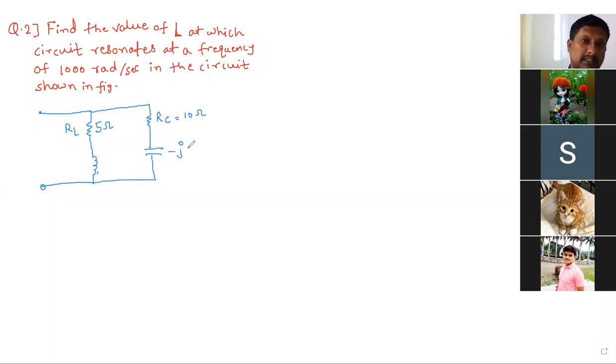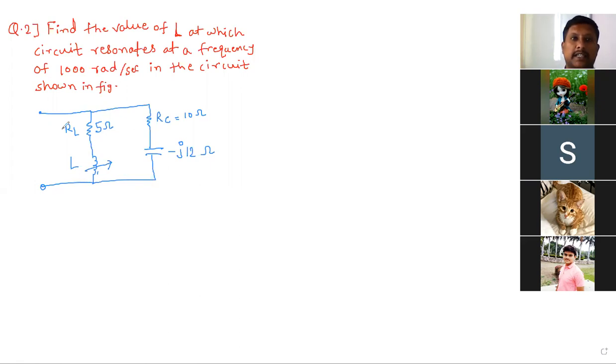The capacitance is given as minus j12 ohm. But you have to find the inductor L, which is variable, because in a tank circuit at least one should be variable, either the inductor or the capacitor. Here the capacitor is fixed, so we have to change the inductor value. The L value you have to find out.